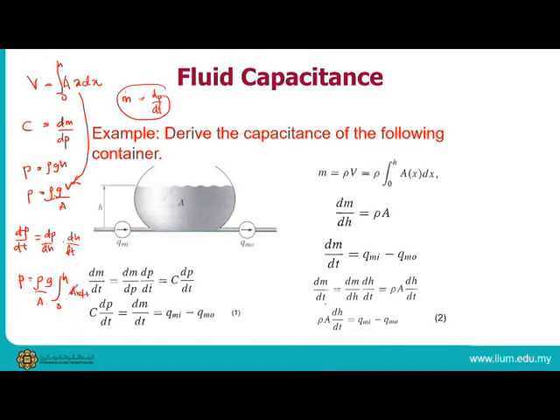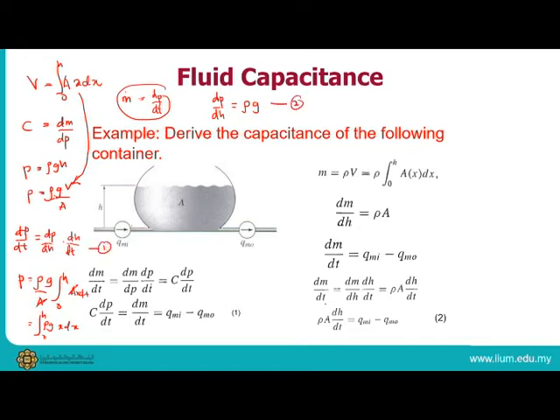So you can cancel out A, and you get the integration of rho g x dx from 0 to h. So if you want to find dp over dh, you get rho g. Then you insert this one. Let's say this is equation 2, this is equation 1.